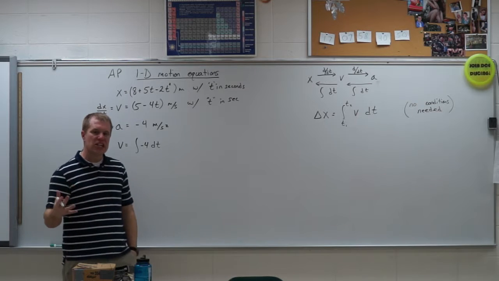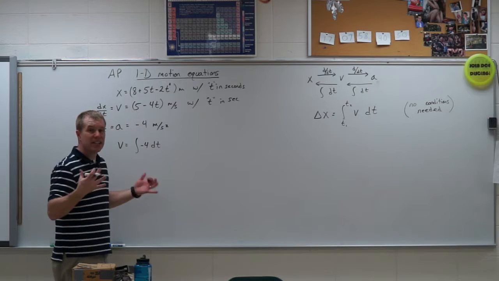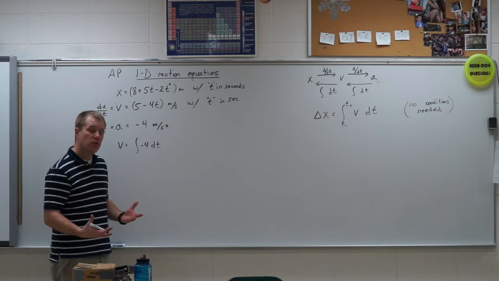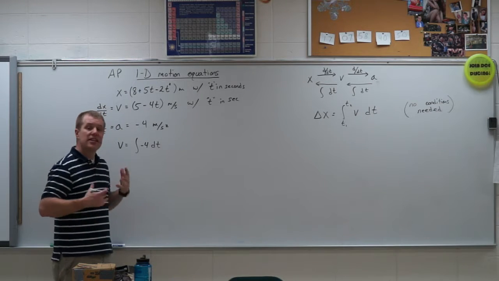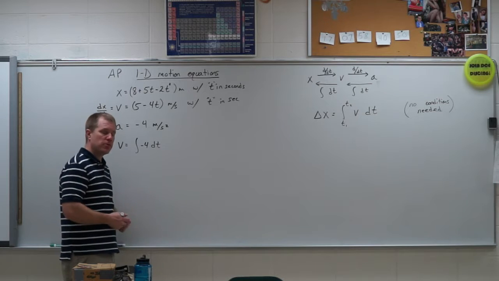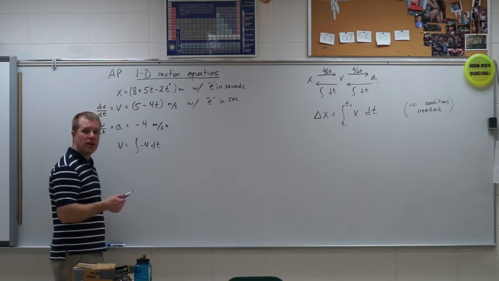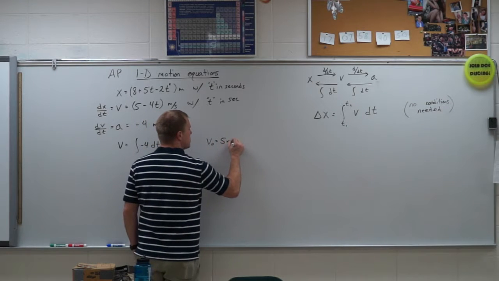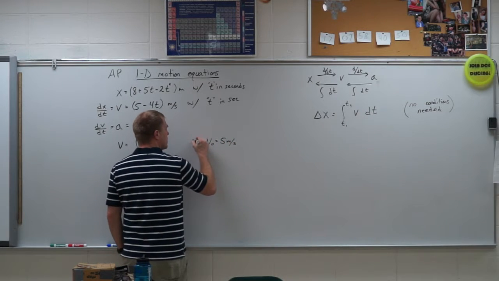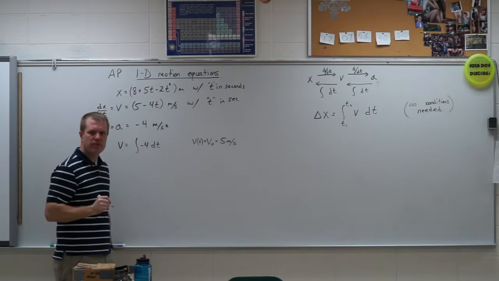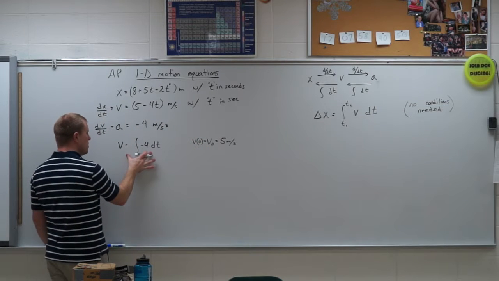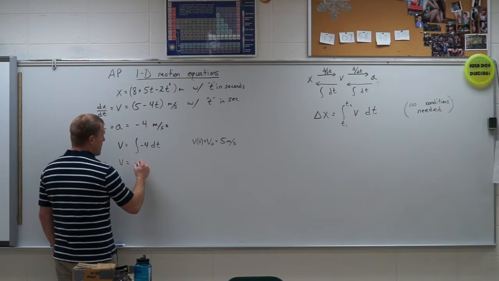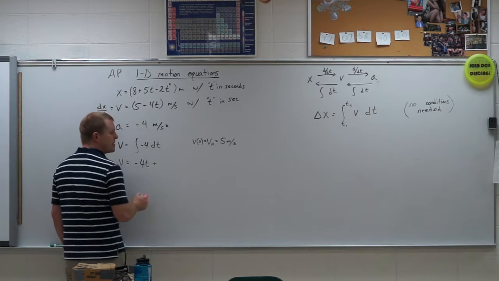there has to be some initial condition given to us. So you might see something like starts at rest, or you might see something like the initial velocity is 5 meters per second. Okay, so let's say that's ours. They're telling me that the initial velocity is 5 meters per second, or I guess you could say the velocity at time 0 is 5 meters per second. So I take my integral and I end up with negative 4t plus c.